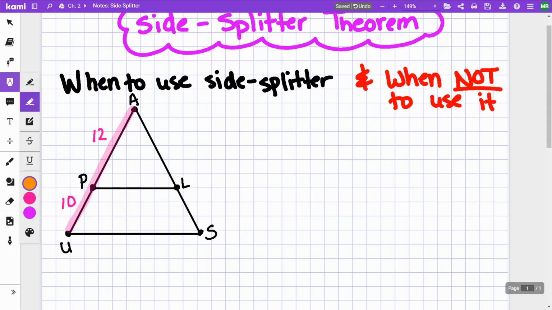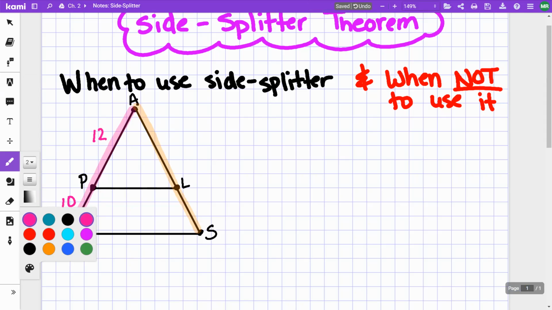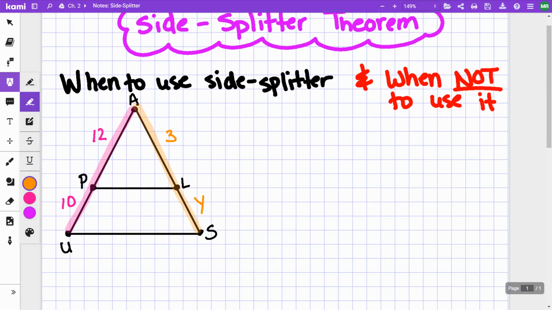And this side here is being split into two pieces. And this one's going to be split into a 3, and then we don't know, we're going to call it Y. So if I'm dealing with those, I can use a side splitter.